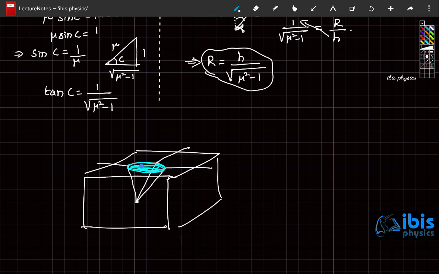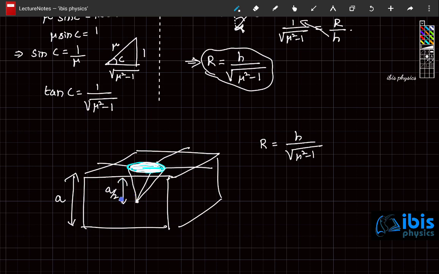Suppose they ask what is the area to be painted so that light does not escape from one of the faces. Suppose this is a cube of side a, and the source is at the middle, which means at a by 2. Based on this formula, the radius of the circular window or circle of vision is r equals h divided by root of mu square minus 1.